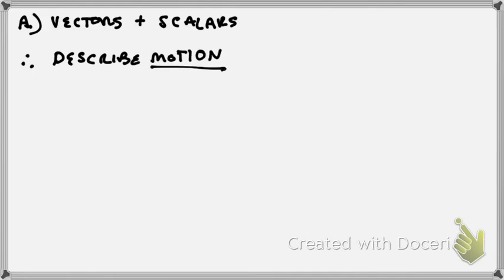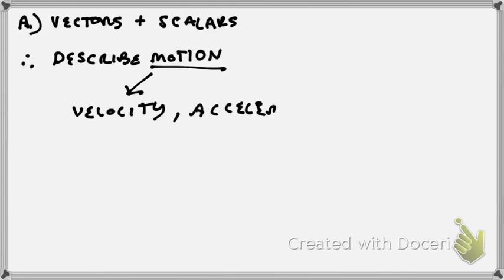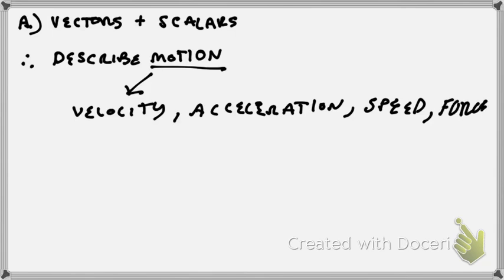To describe motion, we have many terms, like velocity, acceleration, speed, and force. These are just a few ways we can describe motion.